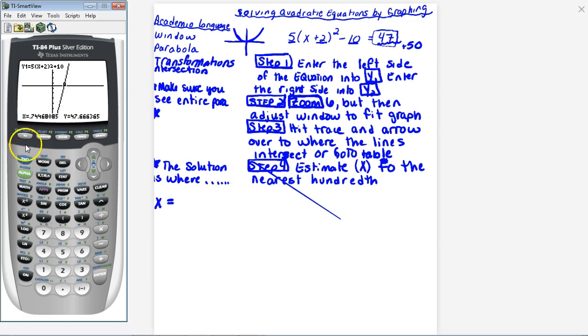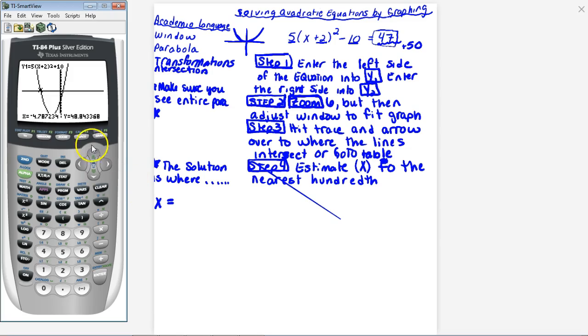And let's zoom out and see if we can get to the other side. Okay, there's my parabola. There's y equals 47. And this time I'm going to trace, go in the other direction, down the parabola, back up the parabola.